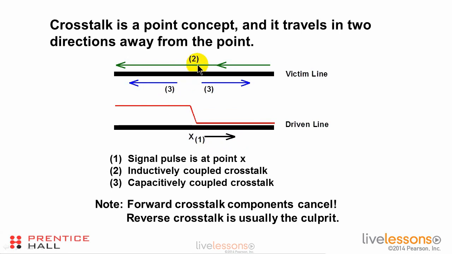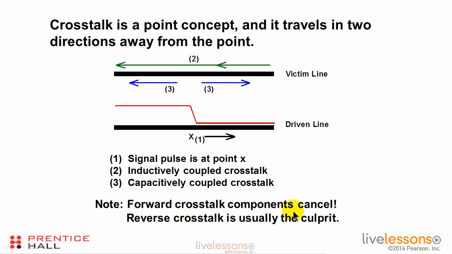And we have inductively induced crosstalk, which flows in the opposite direction from the signal that is causing it in the first place. And then the crosstalk signal is the combination of these two signals.